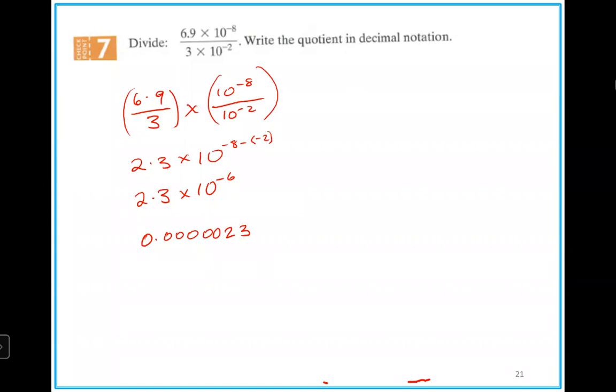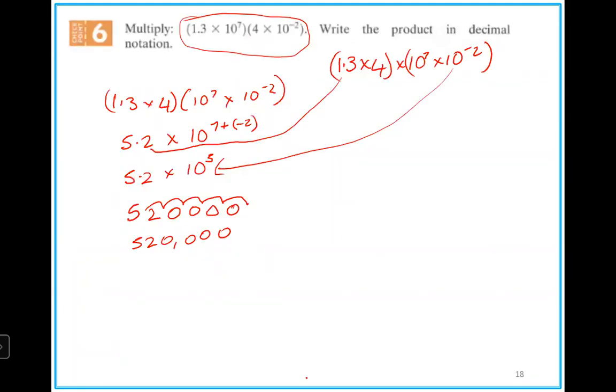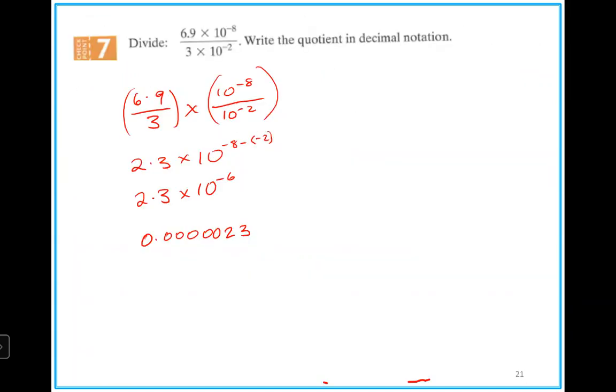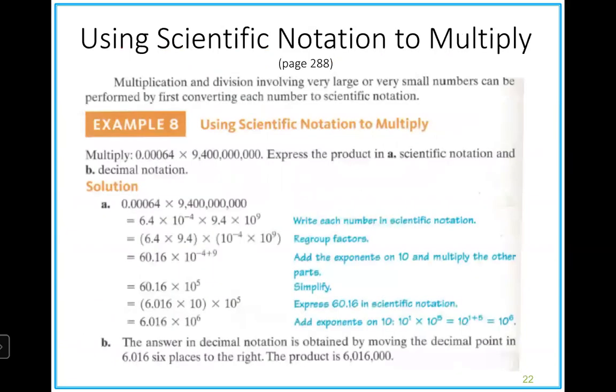Okay, so in these last two examples we looked at, the numbers were already expressed in scientific notation. Sometimes we may be given large numbers and we can convert the large numbers into scientific notation and then do the calculations.